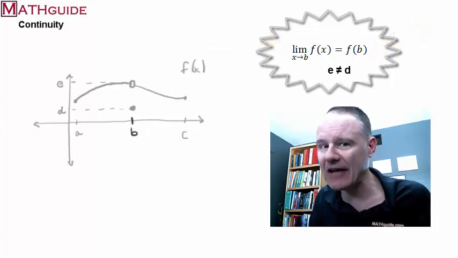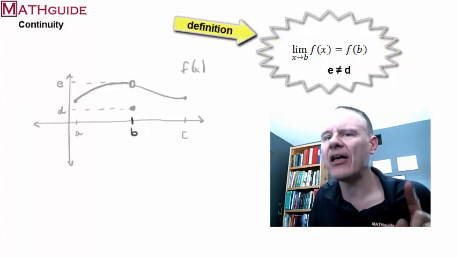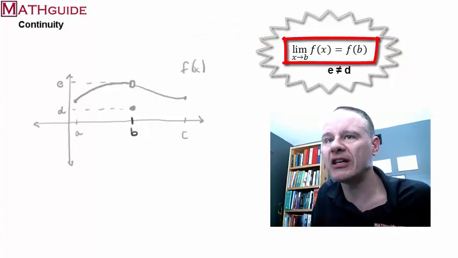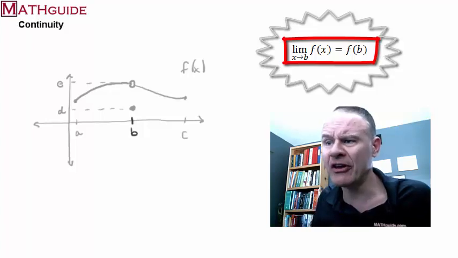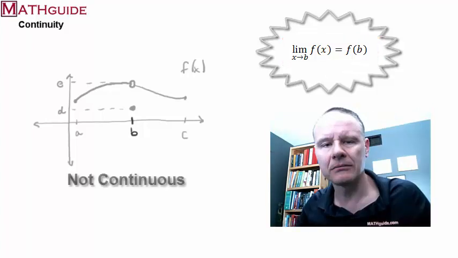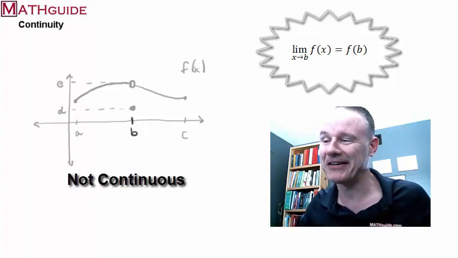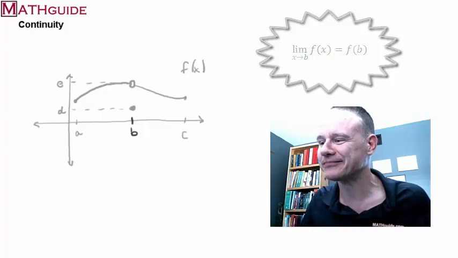According to the definition, those have to be equal in order for this to be a continuous function. Therefore, we say this function is not continuous. All right, let's take a look at another example.